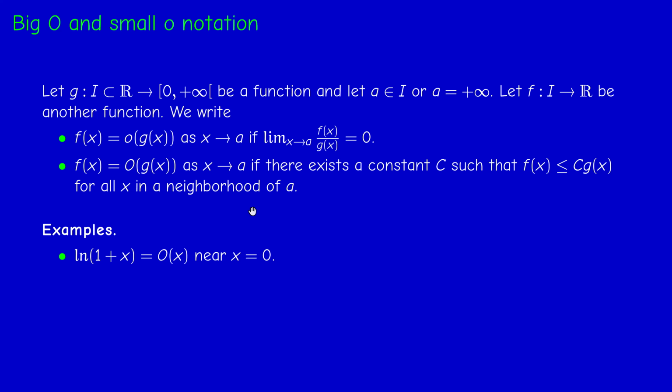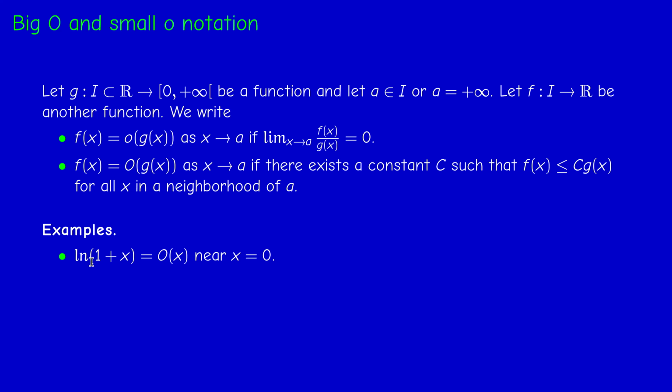For example, ln of 1 plus x is a big O of x. Why? Well, you probably know that ln of 1 plus x can be written as x minus x squared over 2 plus so on. If you don't know that, it's not a big deal. We shall prove it. It's easy.